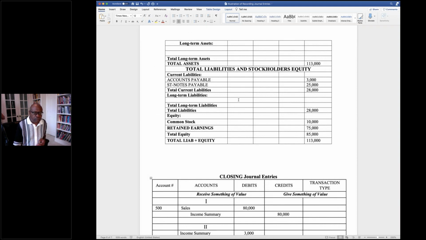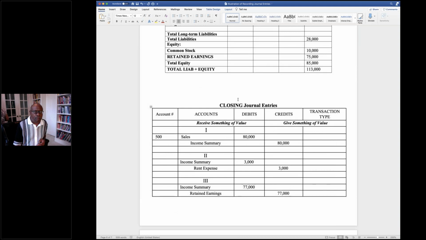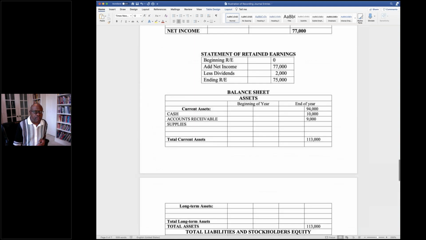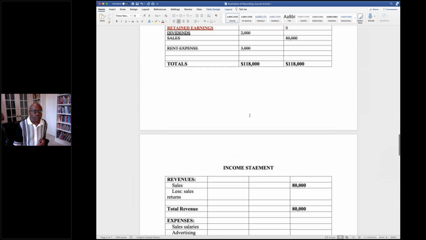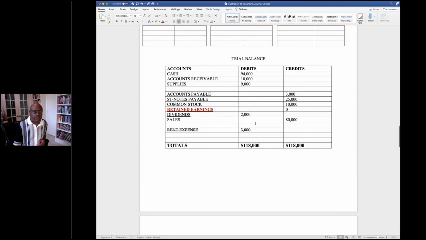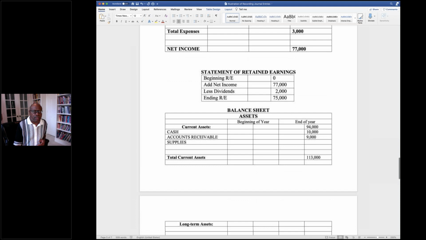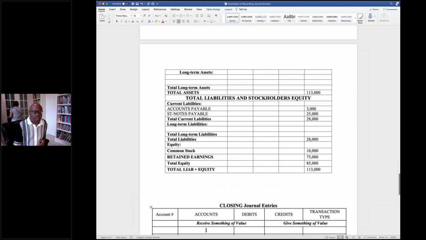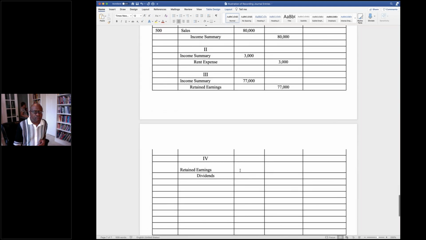And so once we've done that, our amount in the trial balance is $2,000. So we debit retained earnings for $2,000, and we credit dividends for $2,000.